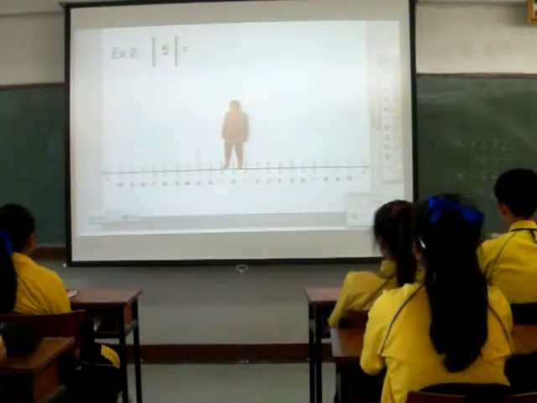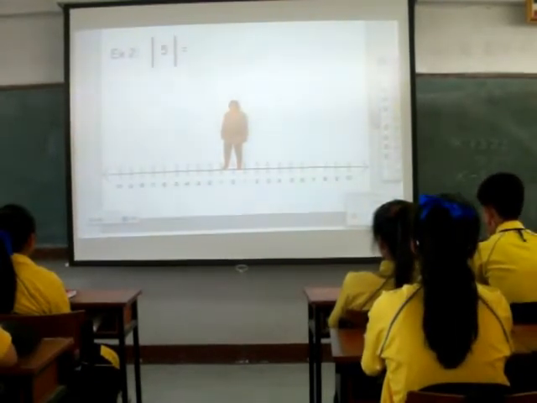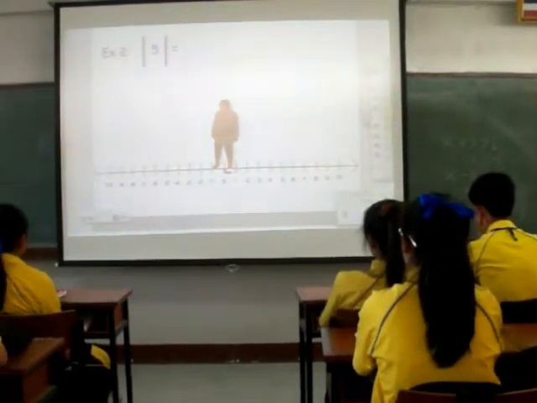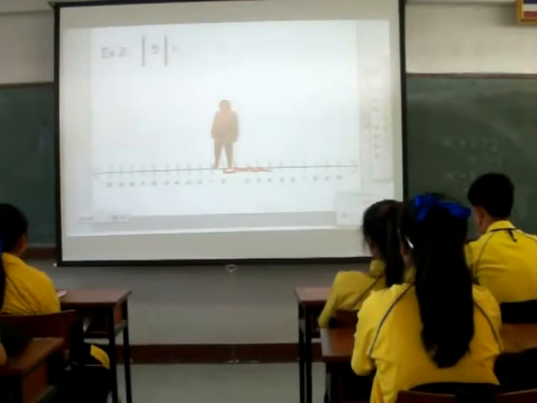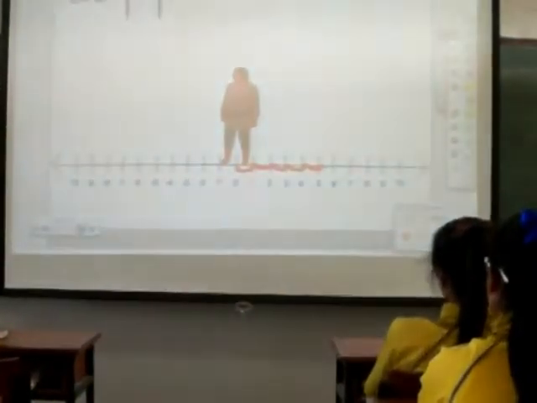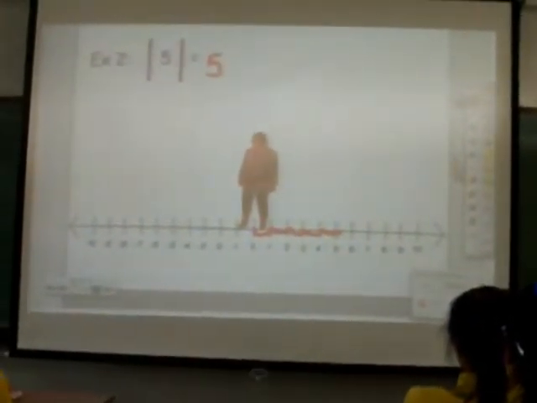If I want to see how many steps it will take him to get from 0 to 5, I can just count: 1, 2, 3, 4, 5 steps. So the absolute value of 5 is simply 5.